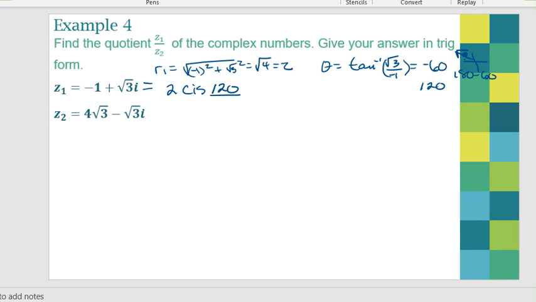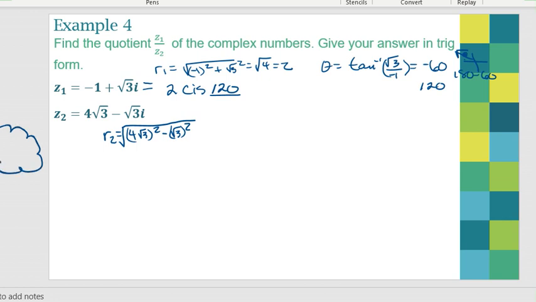All right, so let's see if you've got it already. So our R2 is equal to the square root of 4 root 3 squared minus square root of 3 squared. Okay, so what your calculator does, and I told everybody this in class, but let's go over here to the side.